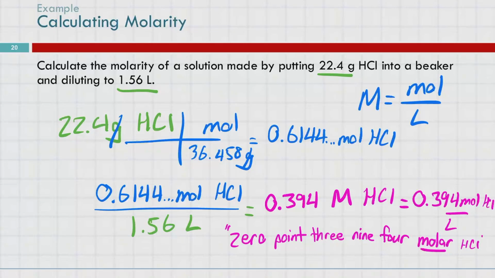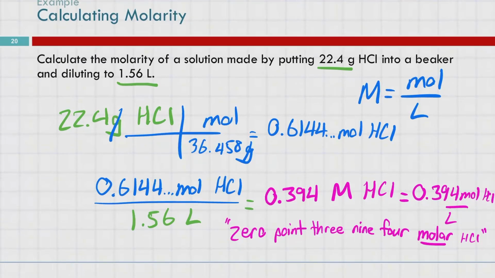And I'm not going to write out HCl because I don't know how to write that out. But the big part of this is that capital M we read as molar. Like molarity, you just chop off the itty.